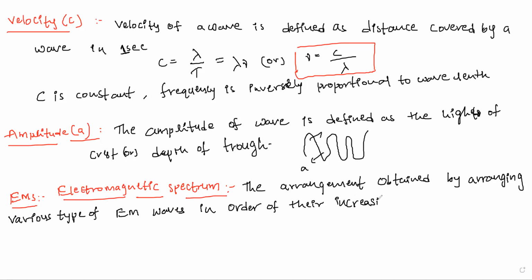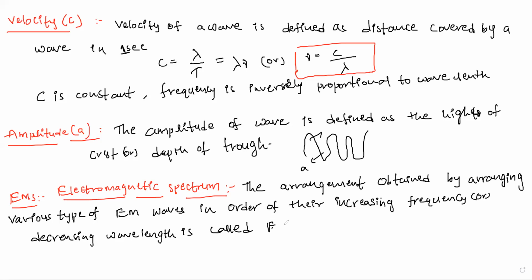in order of their increasing frequency or decreasing wavelength is called electromagnetic spectrum.